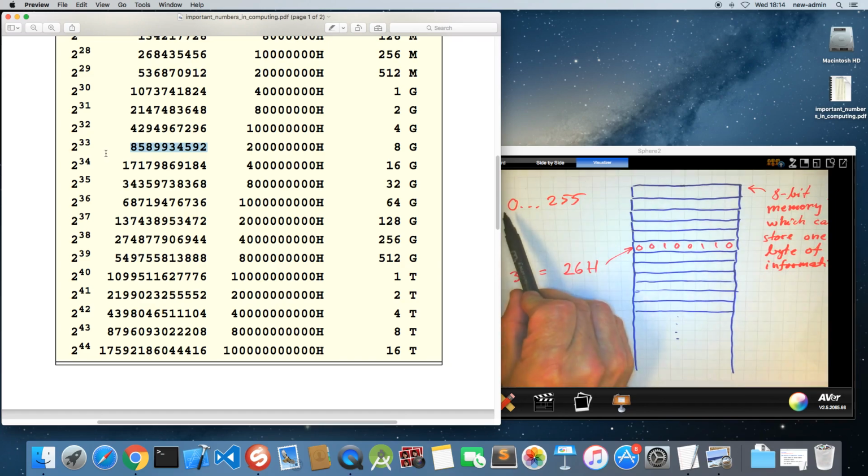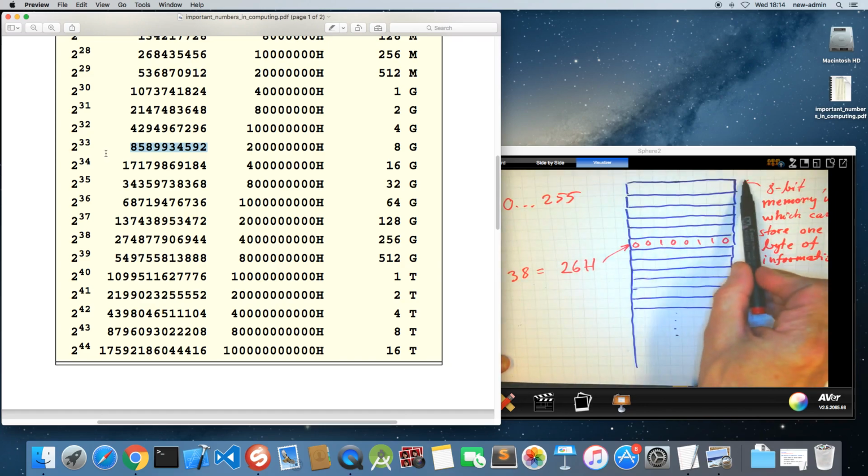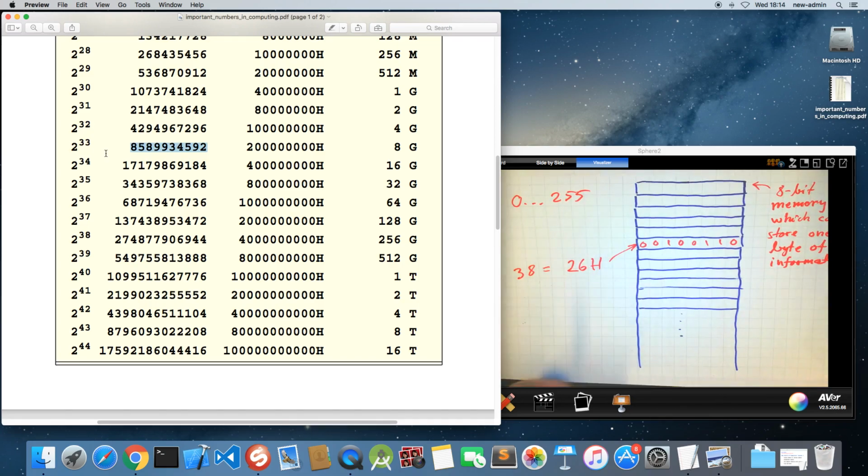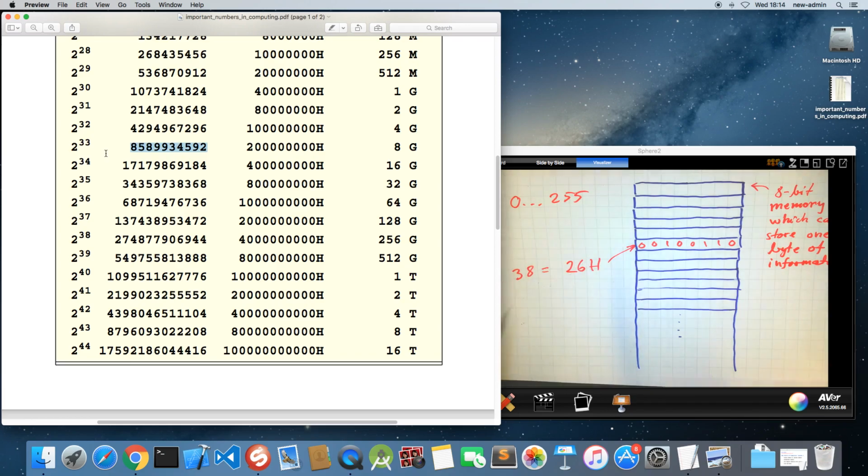So you can store these numbers in one such cell, but computer processors, we will see that they are quite clever, so that they can combine these memory cells so that larger numbers can be stored there if necessary.